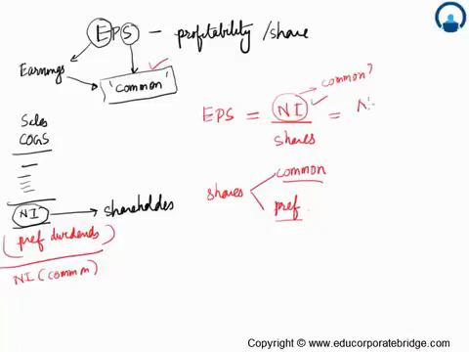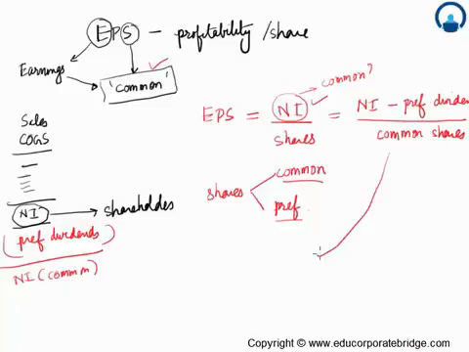So this formula needs to be modified as net income minus the preferred dividends. Now let's talk about the denominator. Obviously, when we are talking about common shares, the first modification would be that this needs to be common shares.